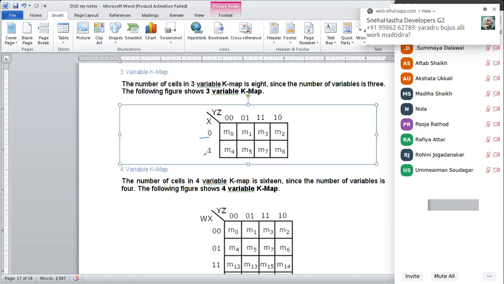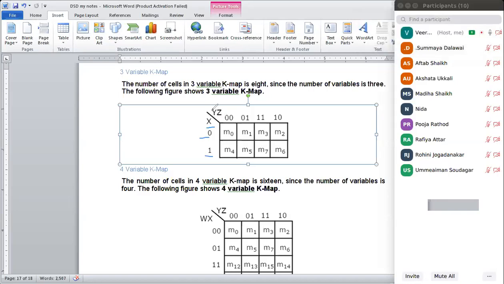On the upper side I have two variables Y and Z, so the combinations are 0 0, 0 1, 1 1, 1 0. This is the way I write the K map for three variables.